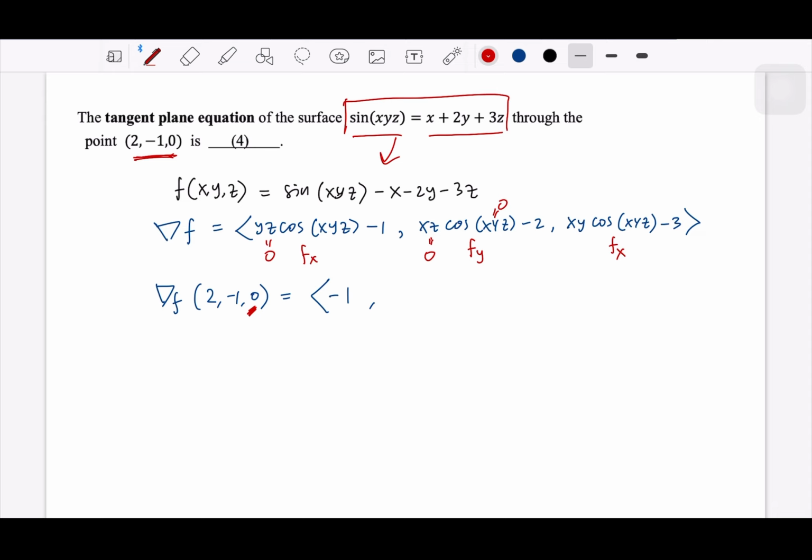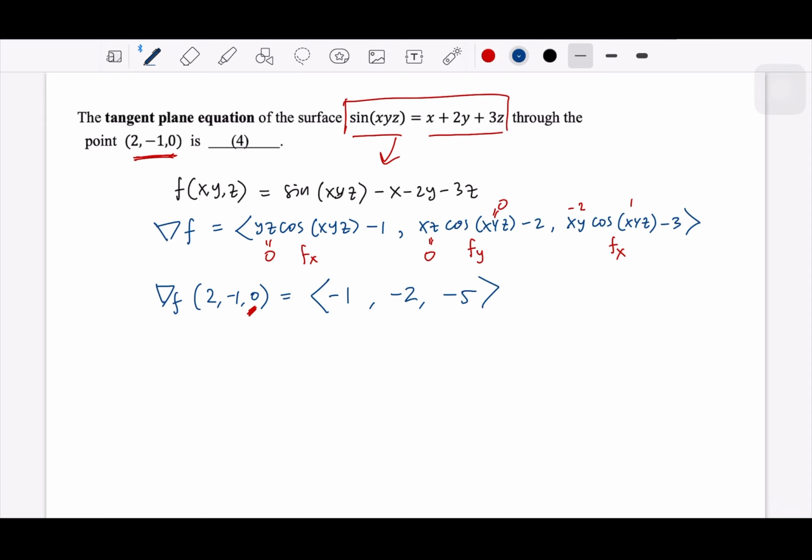I think the total is 0, and then this will be -2, and this part will be -2, 1, -2, -3, it's -5. So we have this for partial x, partial y, and partial z.